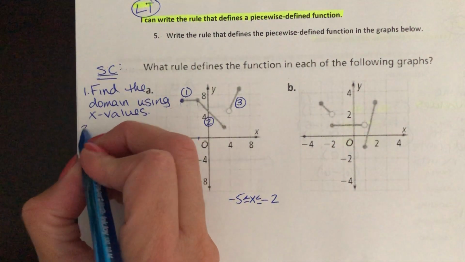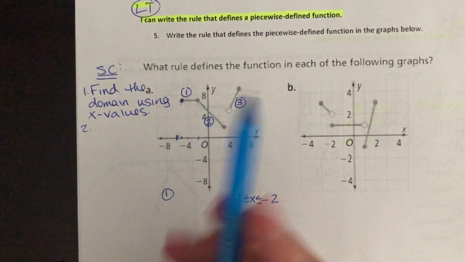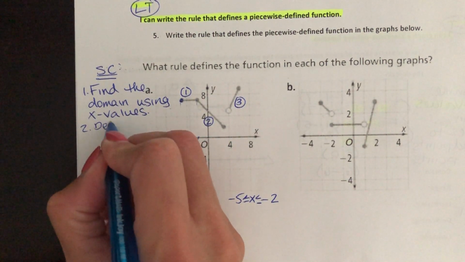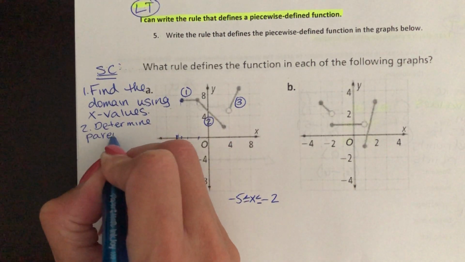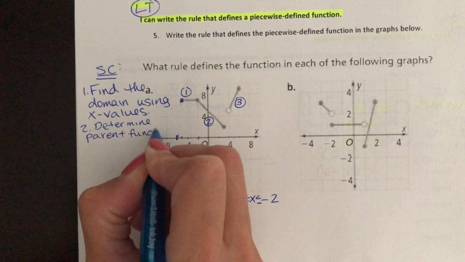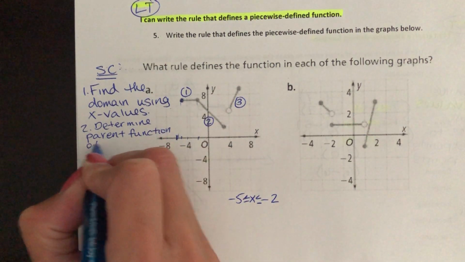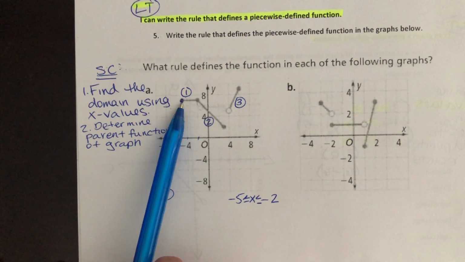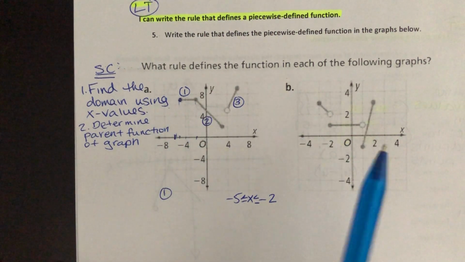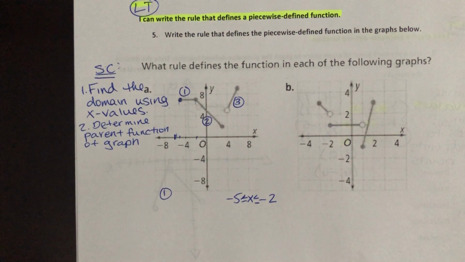Now I want to determine what is the parent function of this graph. So graph number 1 is just a straight line straight across. So I know that's a constant.